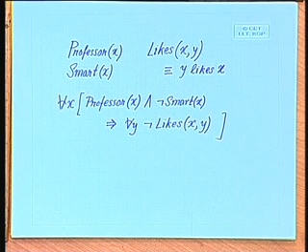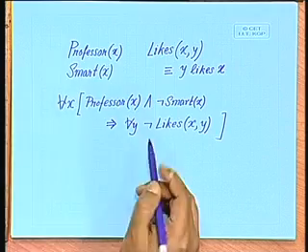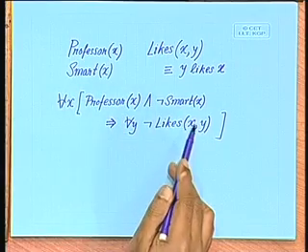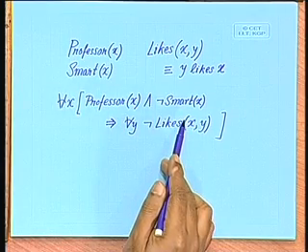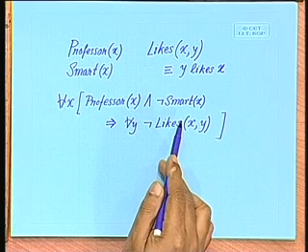If x is not a professor, then we do not care whether y likes x or not, right. So, if x is not a professor, then this thing is going to become vacuously true. This is going to become vacuously true.